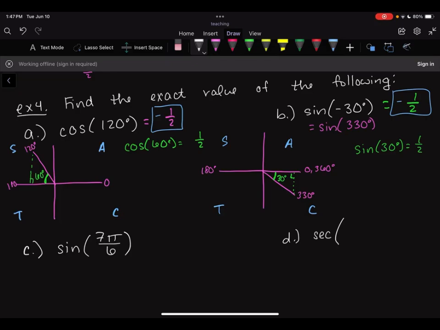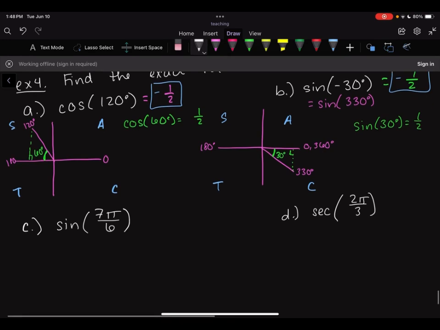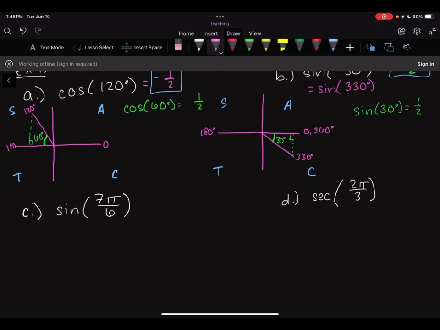Let's do... I'm so sorry, 2 pi over 3. 2 pi over 3. Let's do that. Sorry, I really shouldn't just pause that long, but I gotta make some up. Of course, sometimes I have some written, but then I decide to do different ones.